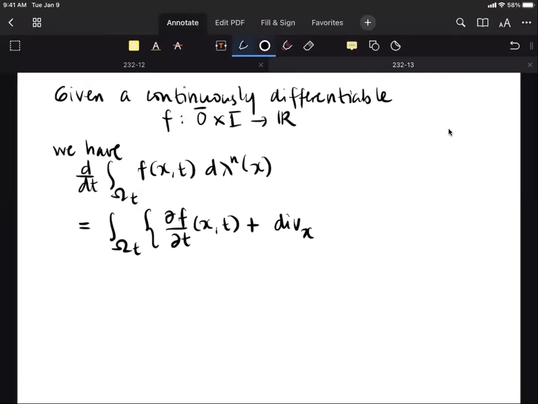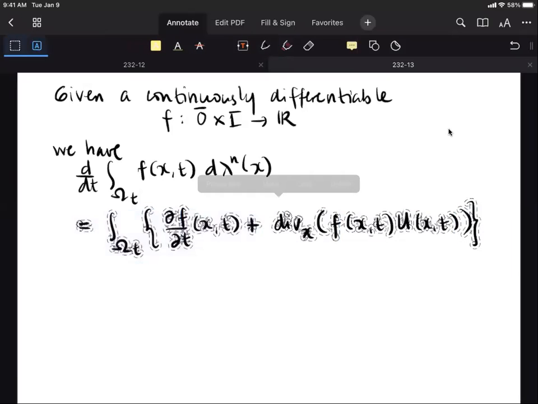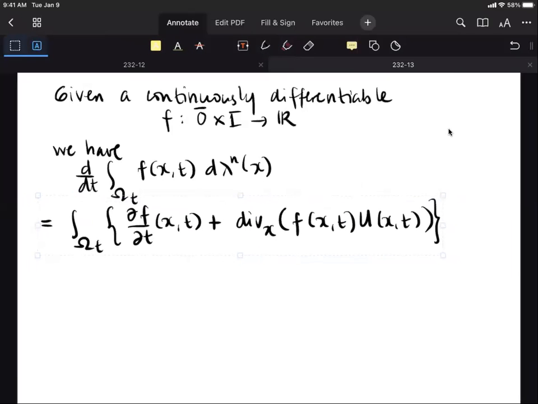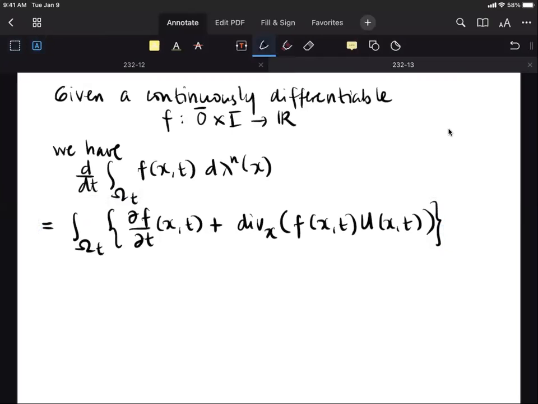So this would be the divergence with respect to the spatial variable x of F times u, with respect to the Lebesgue measure.